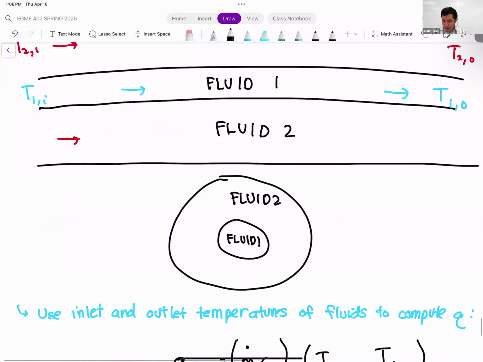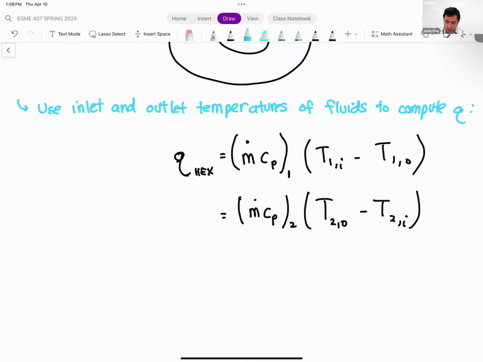With the way I've set up this equation, with this ordering right here, we're implicitly assuming that fluid 1 is hot. So the inlet temperature for fluid 1 is hot and the outlet temperature is cold. And if that's the case for fluid 1, that means fluid 2 must be the opposite. So fluid 2 must come in cold and then heat up from there.